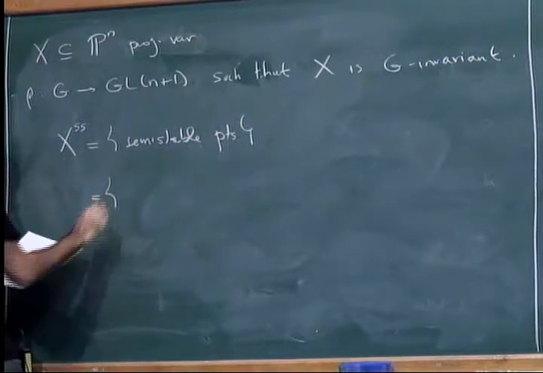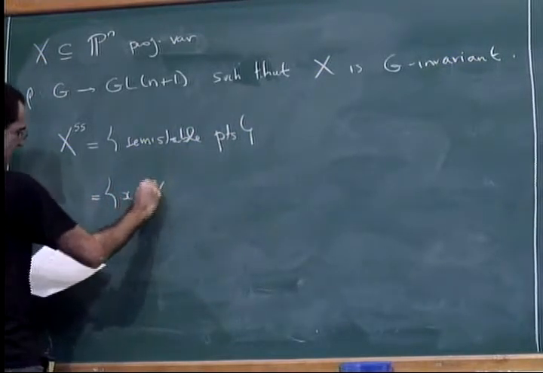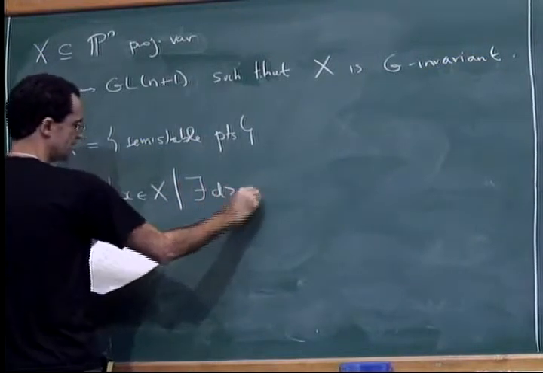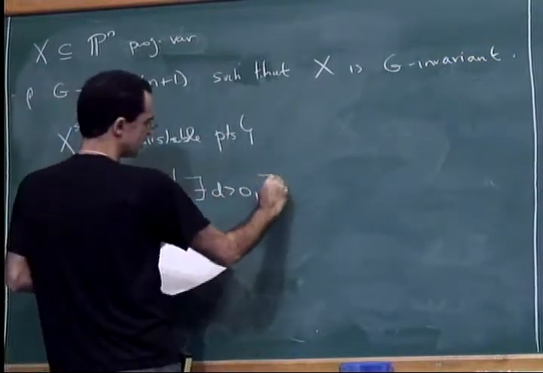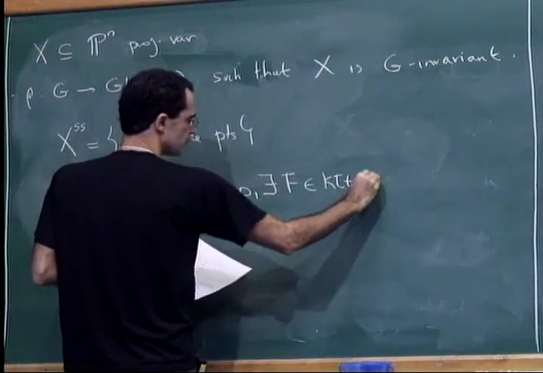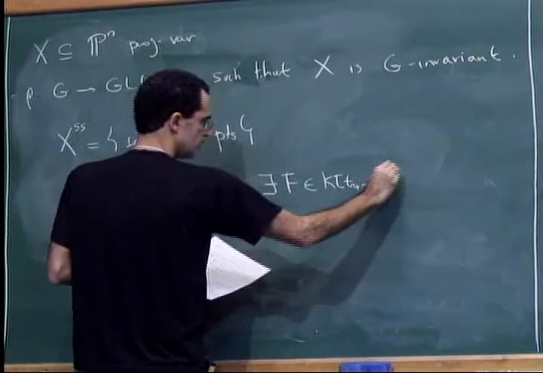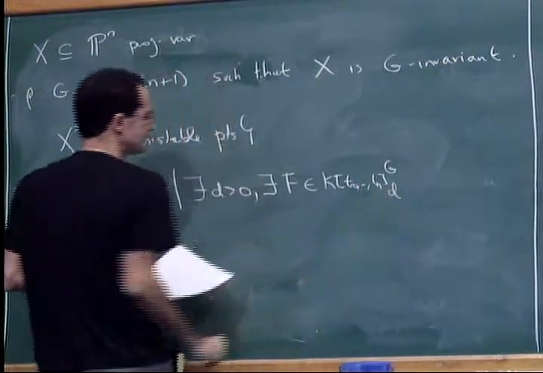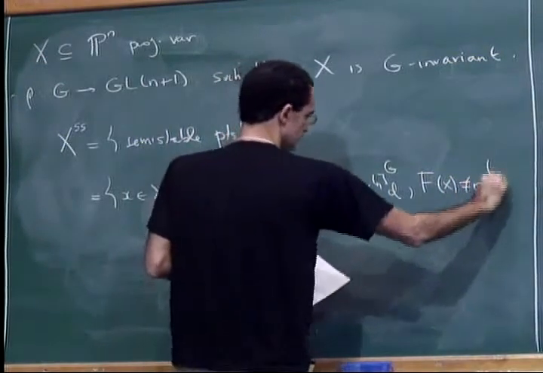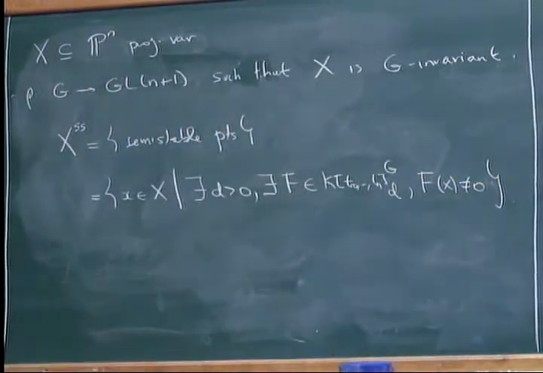And these are given by the following condition. These are the points such that there is a d positive and an f homogeneous invariant of degree d such that f of x is non-zero. Okay?